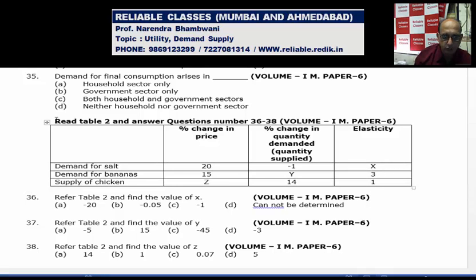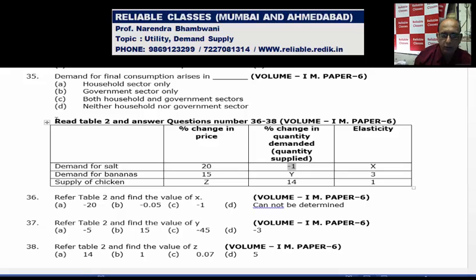Refer to table 2 and find the value of x. What is the percentage change in demand? 1%. What is the percentage change in price? 20%.